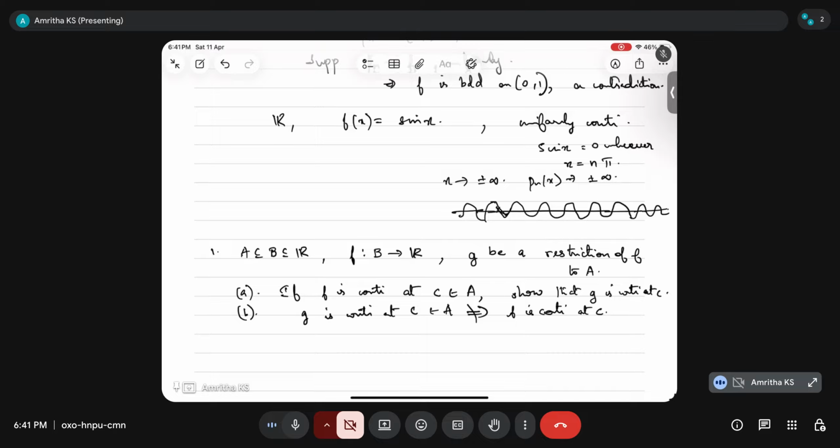An easy example is to take the Dirichlet function.